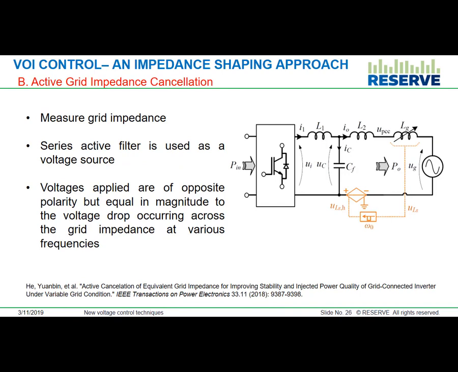There is another approach where the impact of the grid impedance is nullified by first measuring the grid impedance and then using an active series filter here, which I'll explain in the next slide. What it does is it injects voltages at every frequency to counteract the presence of the grid impedance, and this is known as the active grid impedance cancellation technique.